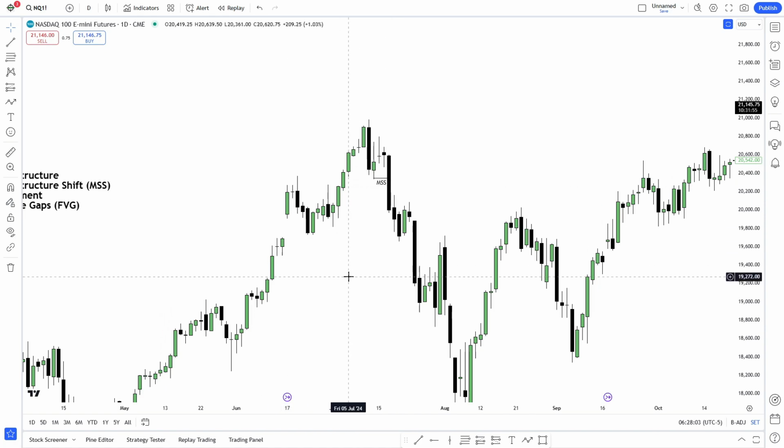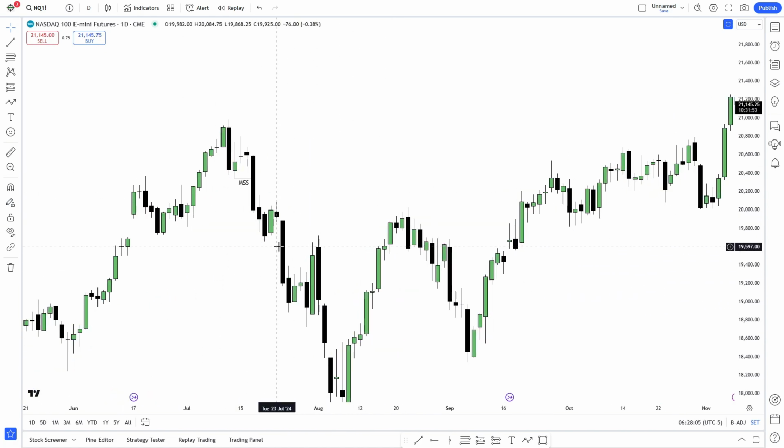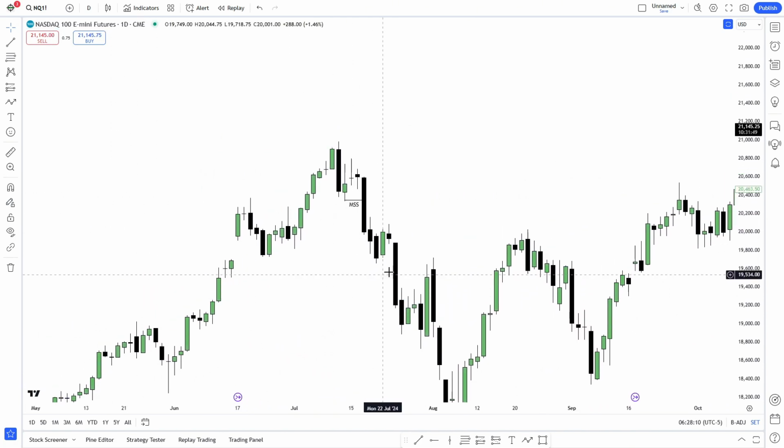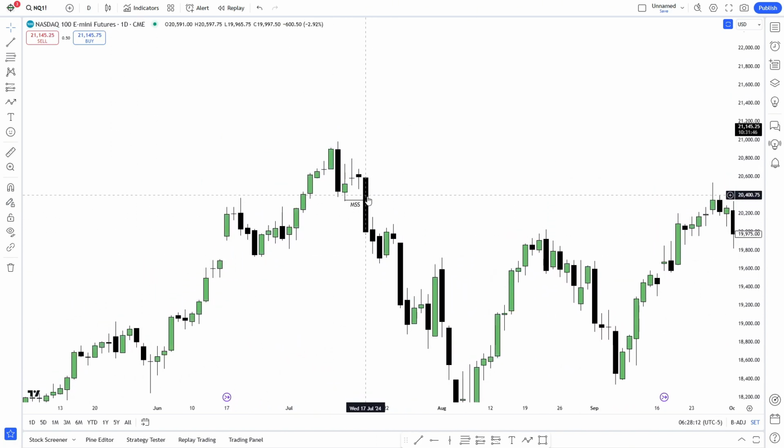Which then brings me on to my next point, which is, sorry, not displacement, fair value gaps. All a fair value gap is, is a three-candle pattern like this: candle number 1, candle number 2, and candle number 3. And a fair value gap is simply a gap between these 3 candles. So this would be your fair value gap.